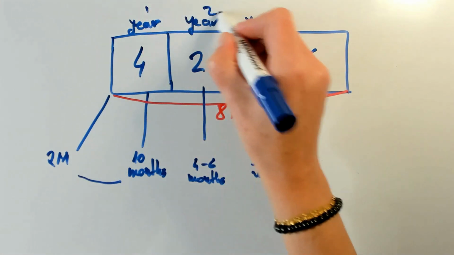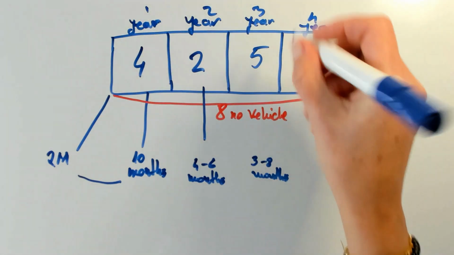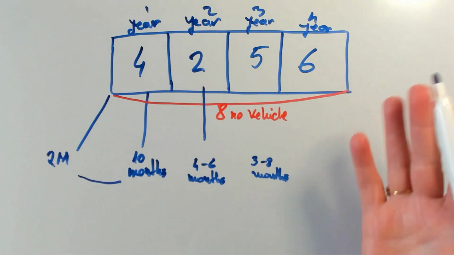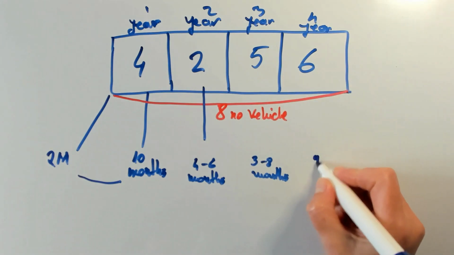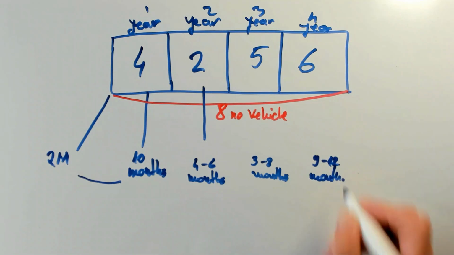So 1, 2, 3, 4 year. And here you can see that even if it's before you sell the car, or in the 4th year, you're gonna have by 9 to 12 months. This is the way that we show what we need.